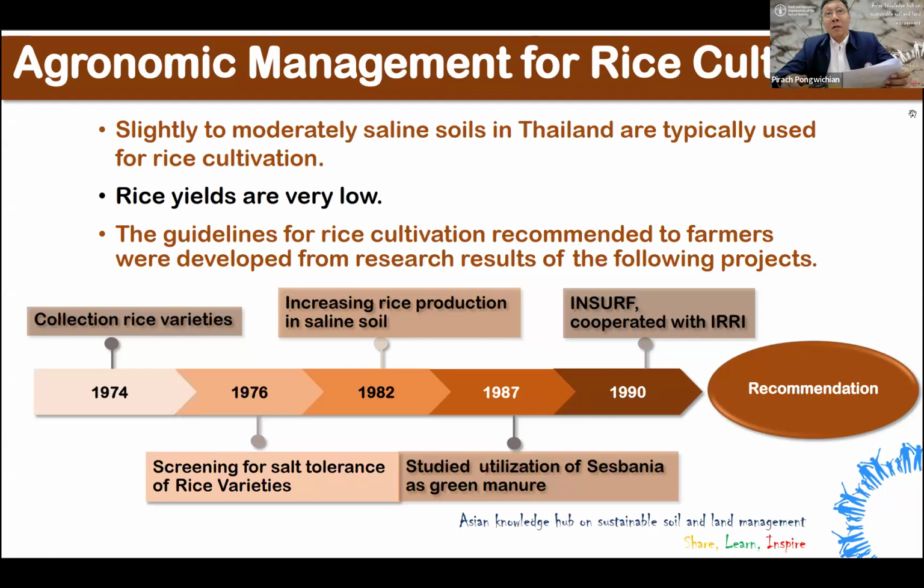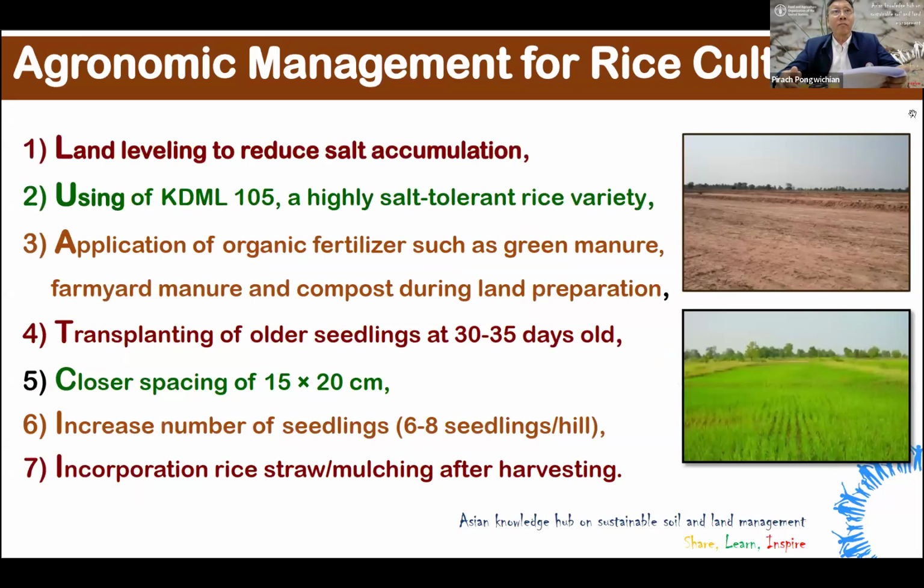The guideline for rice cultivation recommended to the farmers was developed from research results and transferred to the farmers. This slide shows a successful economic management for rice cultivation. We start with land leveling to reduce the salt accumulation on the soil surface. And we use a high salt-tolerant rice variety, namely Khao Dok Mali 105 or Jasmine Light.